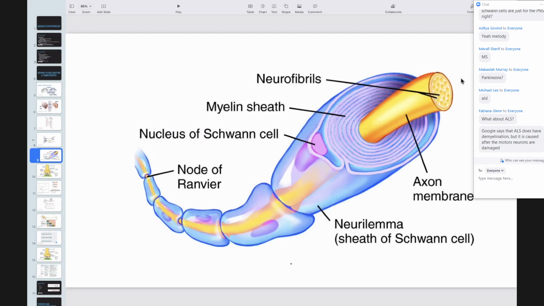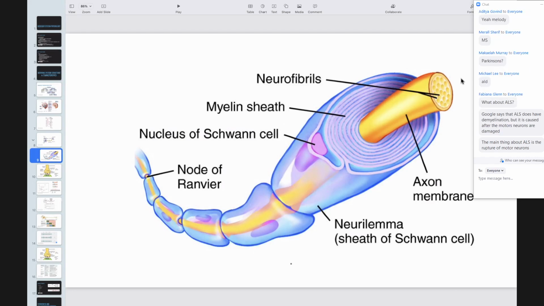Got it. So ALS is a neurodegenerative disorder that does do demyelination. Cool. But it's not autoimmune. There's also another one that's very similar. Oh Lord, what's it called? It presents the same way as ALS for the most part, but it's not as lethal, because ALS is definitely more systemic.